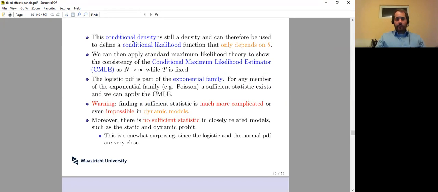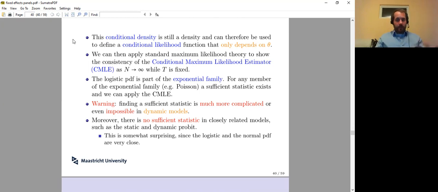This density conditional on the sufficient statistic is a conditional density, and a conditional density is still a density. And therefore, we have a density that we can use, define as a likelihood, a conditional likelihood in that case. And that conditional likelihood only depends on theta.